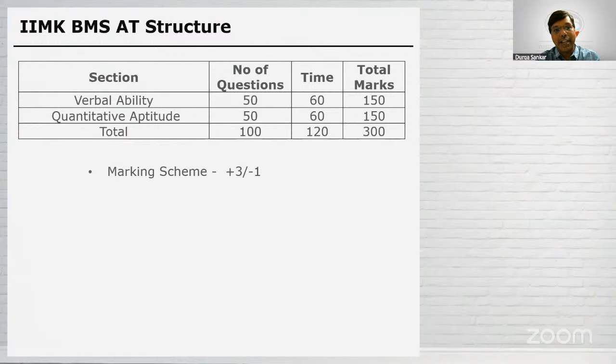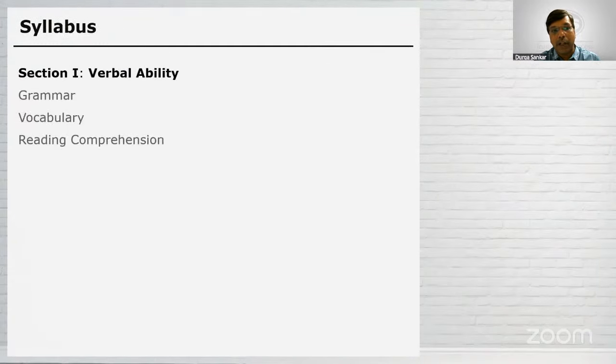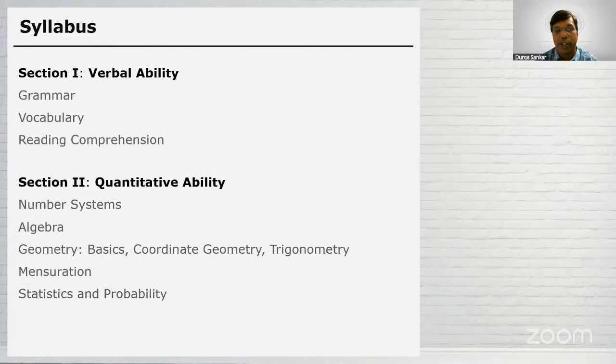Now, one interesting part is the syllabus that was mentioned on the IIM Kozhikode website when they announced the test format. There were a few changes, which I am sure all of you must have observed in the sample questions provided on the website as well.